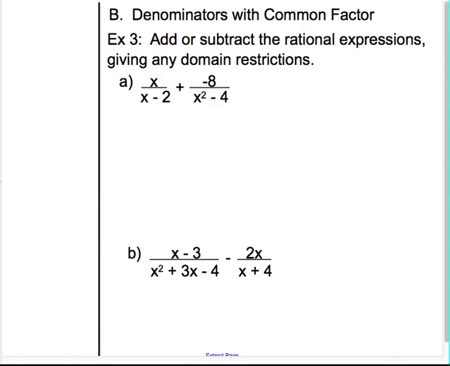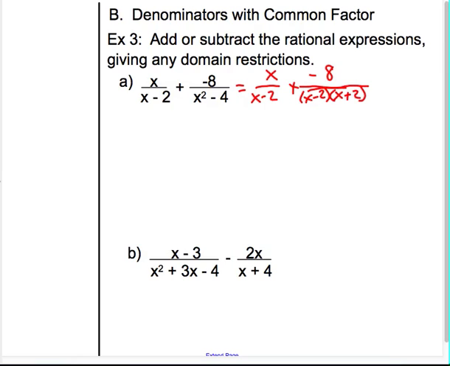All right, so now we're going to take a look at denominators with a common factor. So what we want to do is factor all of our expressions. Anything that can factor, we want to factor. So I'm looking at my denominator, and my second denominator is the difference of squares. So I have x over x minus 2 plus negative 8 over x minus 2, x plus 2.